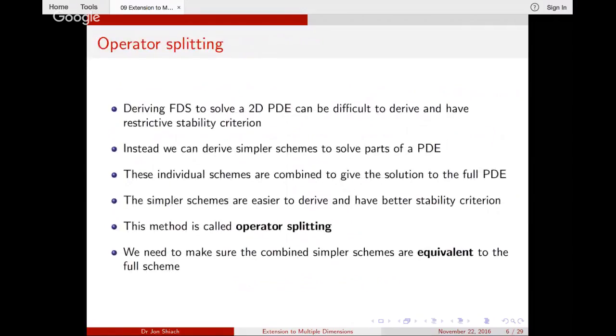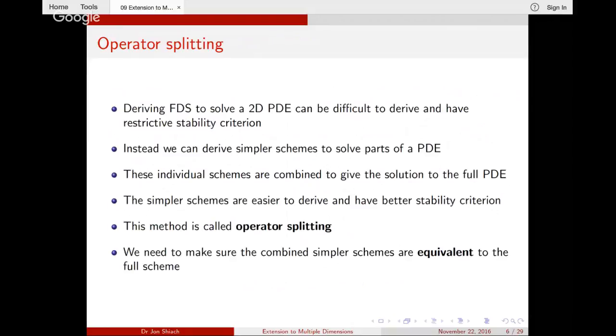So that was what I call an unsplit method. We just took the 2D PDE and solved it straight away the same way as we would a 1D, and we came across a couple of problems. Now, with operator splitting, we split our PDE up into 2 PDEs, one in the x direction, one in the y direction.